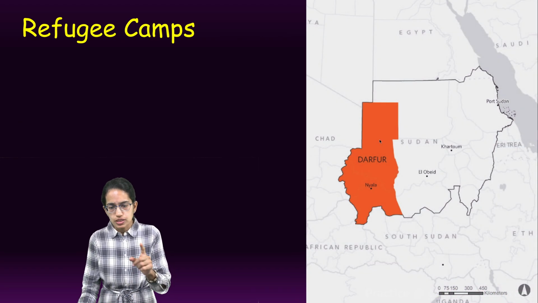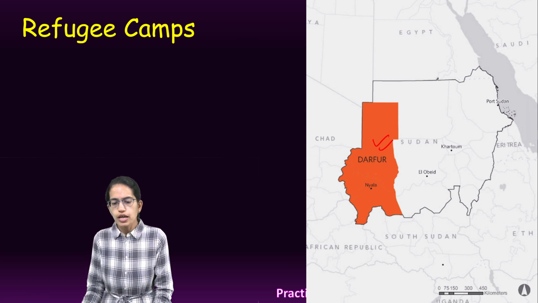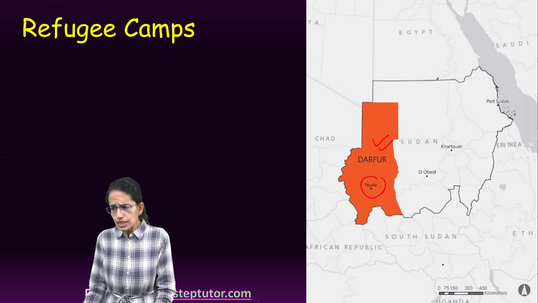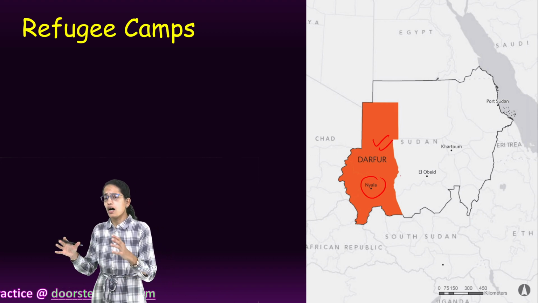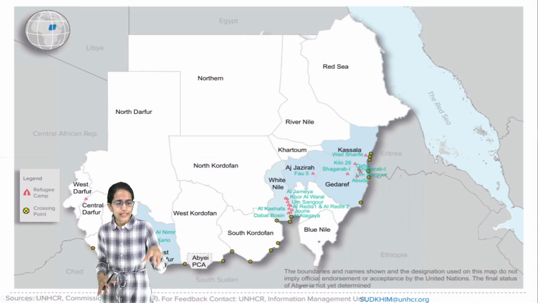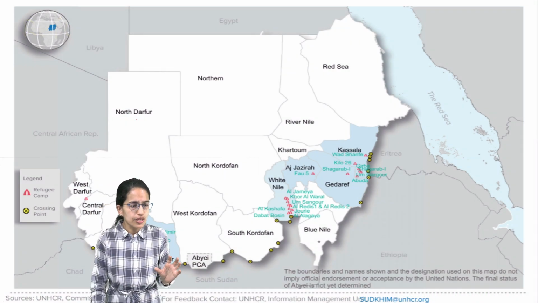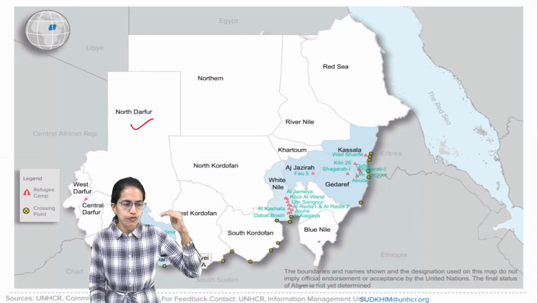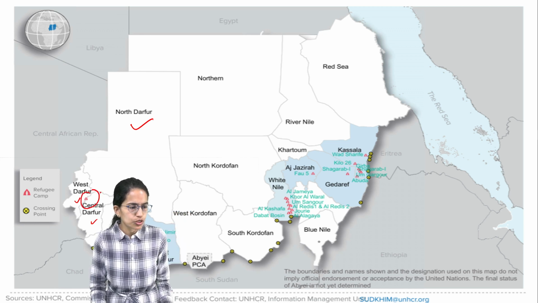As I mentioned, the boundaries for Darfur have been marked here, with a major region of Nyala. There are various regions identified under the UNHCR, where we have North Darfur, and Darfur further classified as West, Central and South Darfur. We have a refugee camp on the boundary of West and Central Darfur.